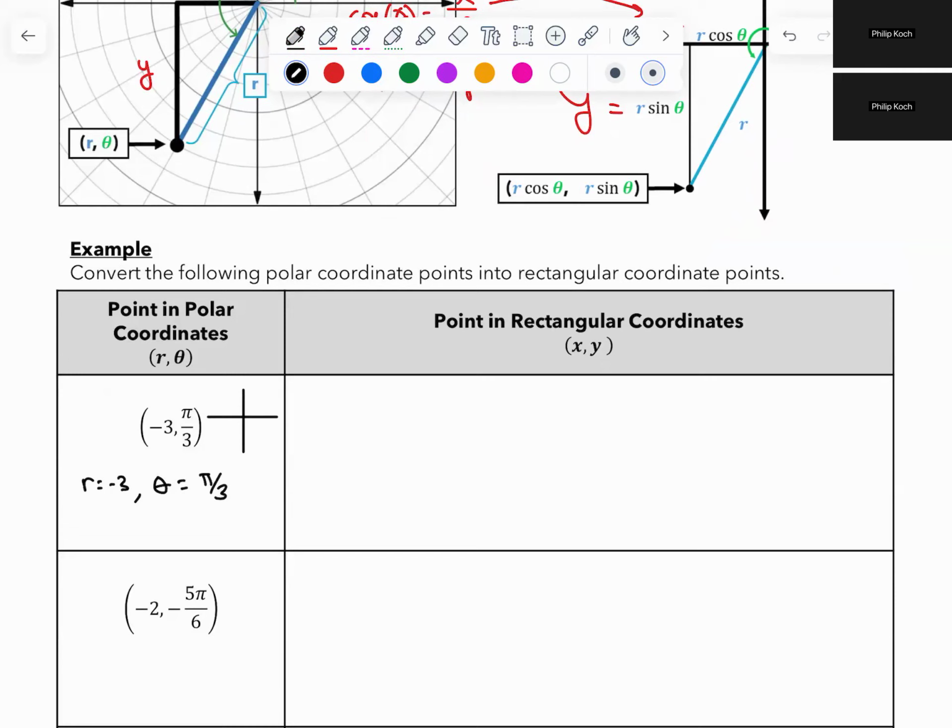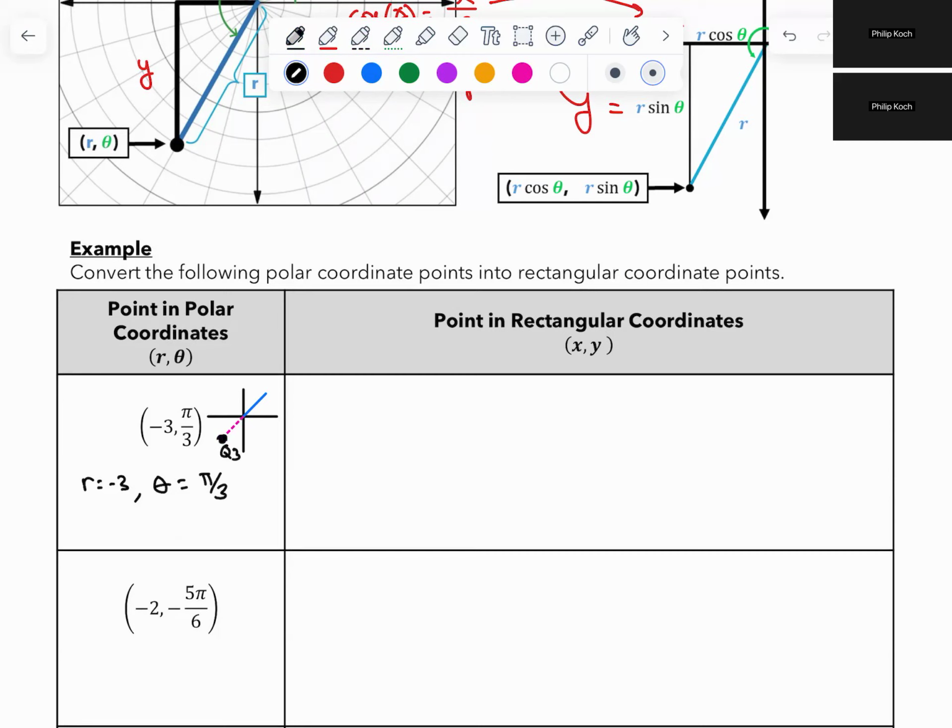Pi over 3 would be in quadrant 1. But it's -3, so it gets shifted, so we're in quadrant 3. The point is in quadrant 3.